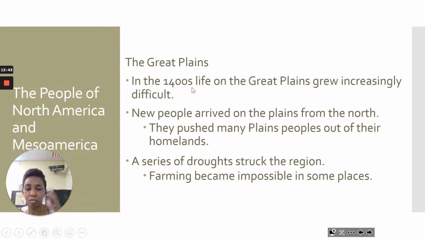Not only that, we also have a series of droughts in the area that made farming practically impossible. So they're getting pushed westward, and they're having climate issues, which makes it very difficult for this Amerindian culture to survive.